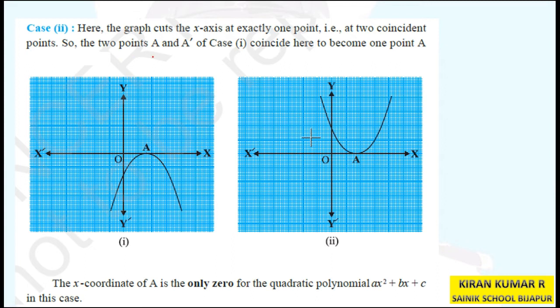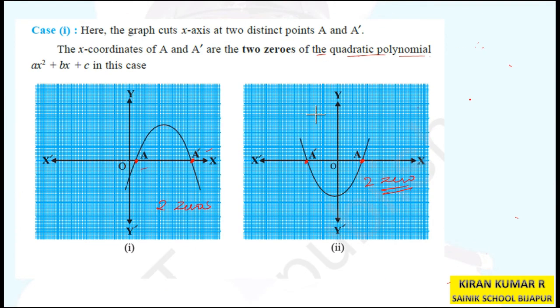So the 2 points A and A dash of case 1 coincide here to become only 1 point A. Actually, you have come across some equations like x²; let me take one of the examples, say y = x² - 4.